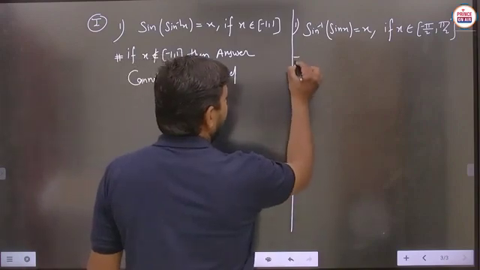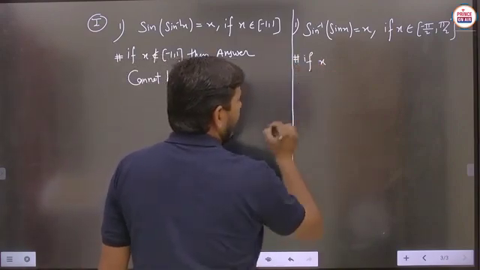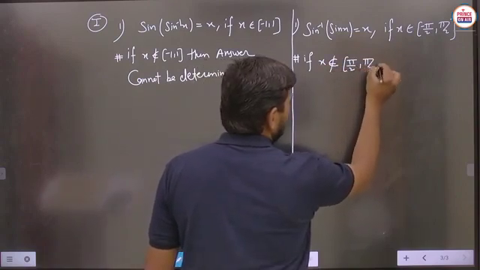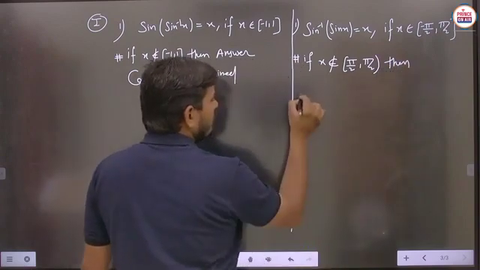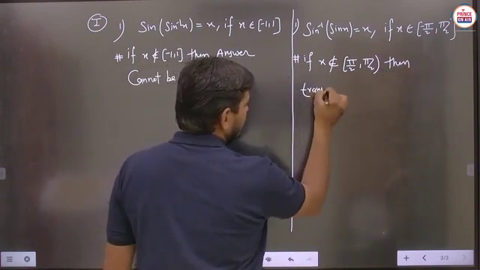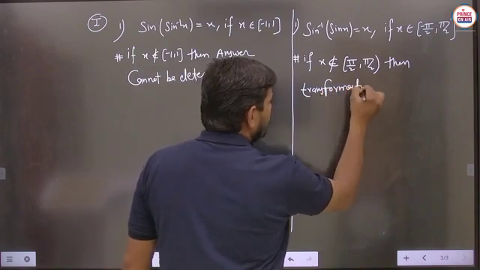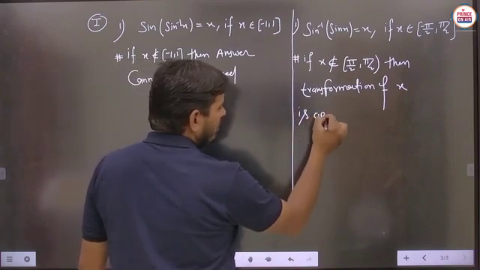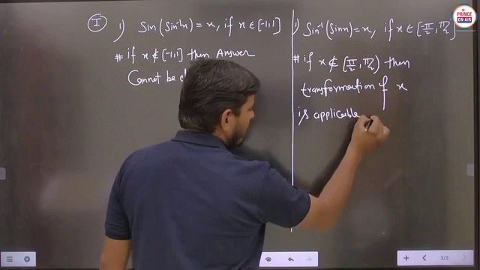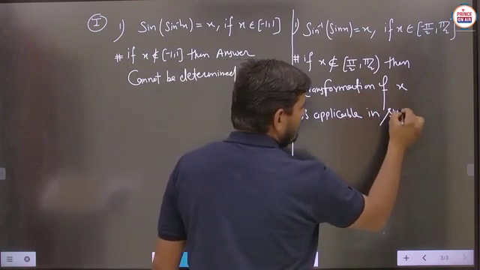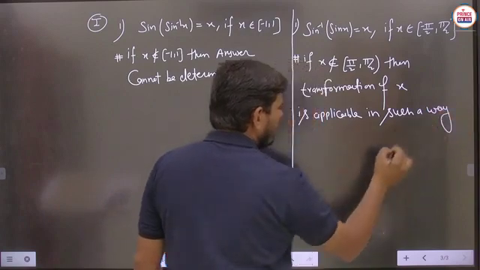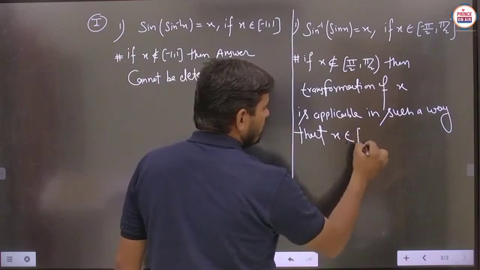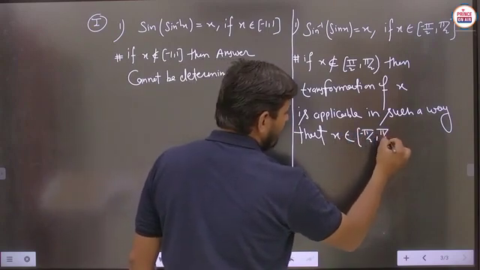But in this case, if x does not belong to minus pi by 2 to plus pi by 2, then the transformation of x is applicable in such a way that x belongs to minus pi by 2 to plus pi by 2, and we will just calculate the answer.